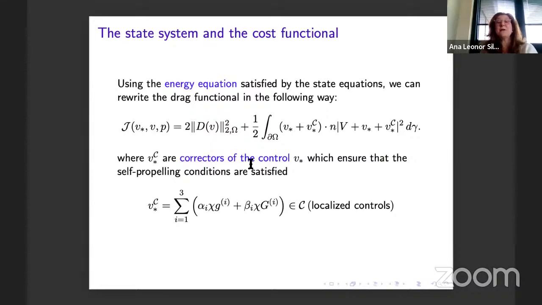So these are not going to be considered for the optimal control design. These are a kind of correctors for the control that have to be included in the state equations, okay? So they are of this form.